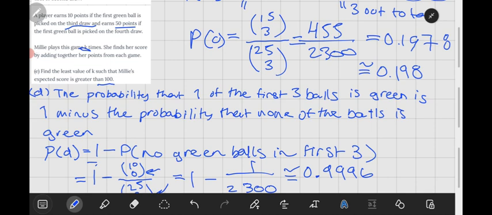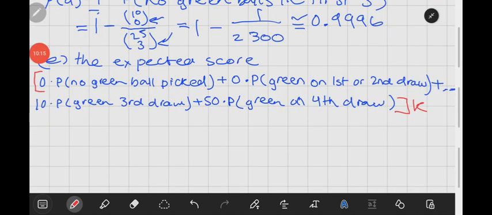Okay? So we can say, with all the information gathered, write out the necessary given variables, but the expected score for one game is 0 points multiplied by the probability that no green balls are picked, plus 0 points times the probability that a green ball is picked on the first or second draw, plus 10 points times the probability that the green ball is drawn on the third draw, plus 50 points times the probability of the green ball being drawn on the fourth draw.